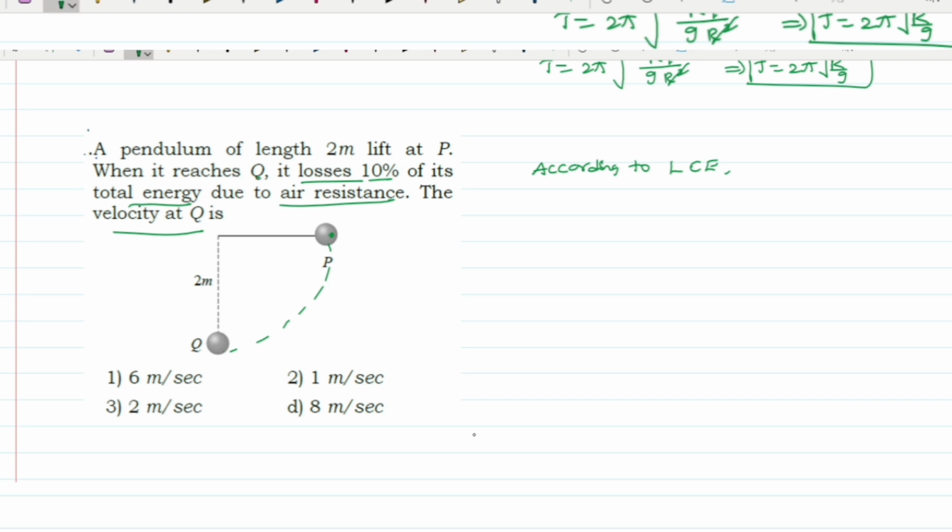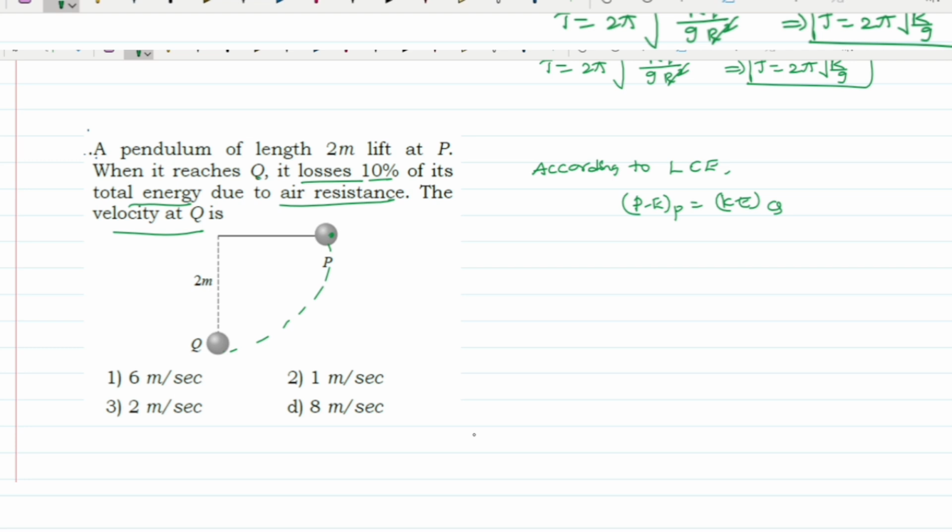Between the points P and Q, the potential energy at P is converted into kinetic energy at Q, but it loses 10% of its total energy.